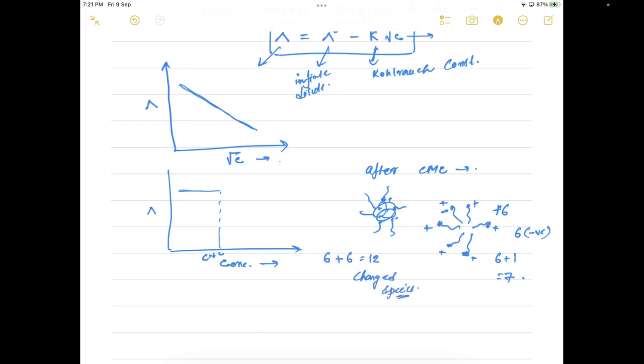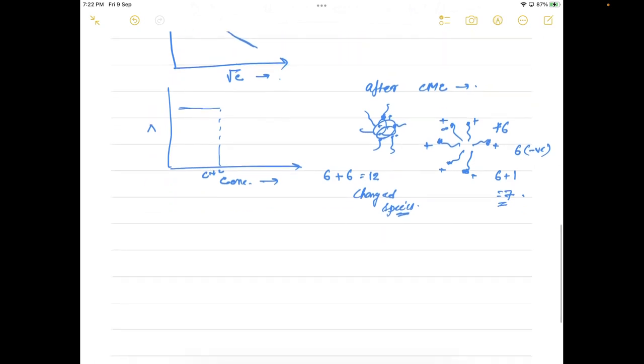But after forming the micelle type structure, the total number of charged species decreases from 12 to 7. So after CMC the number of charged species decreases due to the formation of the micelle structure, which means molar conductivity also decreases.